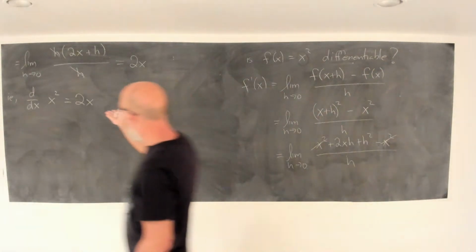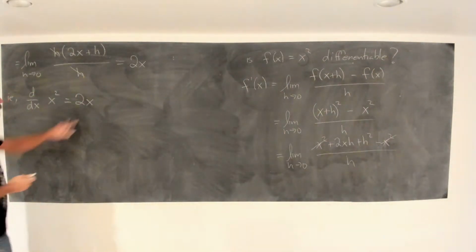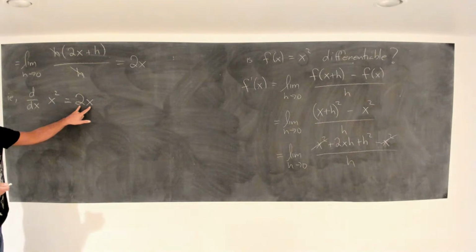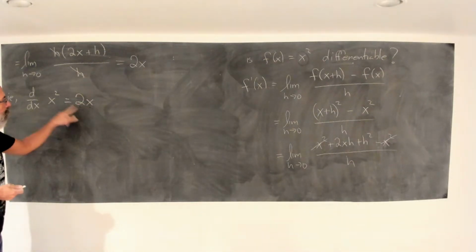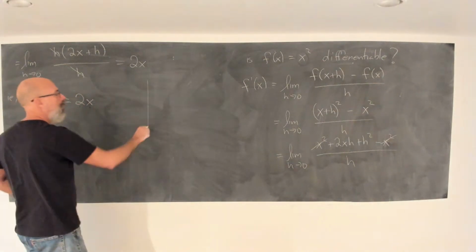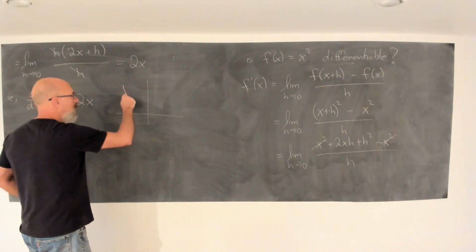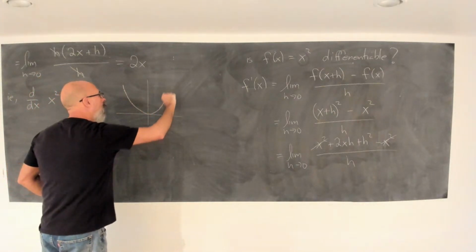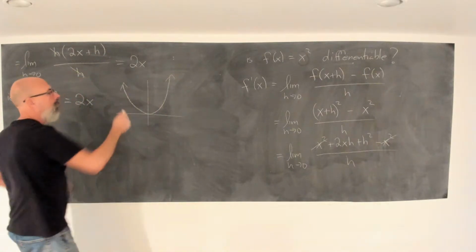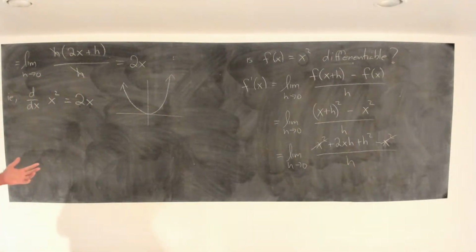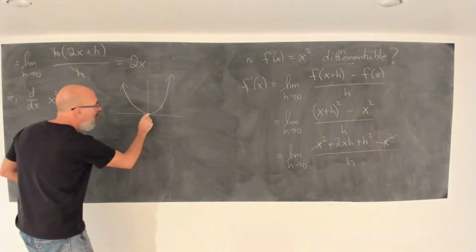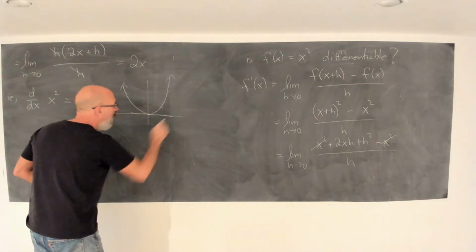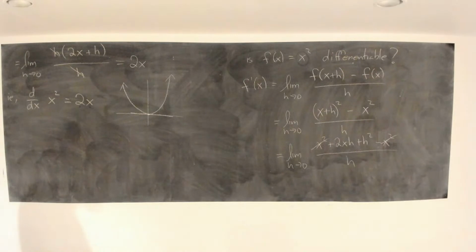So if x is 0, the derivative is 0. The slope of the tangent line is 0 at 0. Right, this is the graph. Continuous, because I can draw it without lifting the pencil from the paper. The slope of the tangent line at the origin is going to be 0. Right, this is a rule which gives us the slope of the tangent line at every single point.